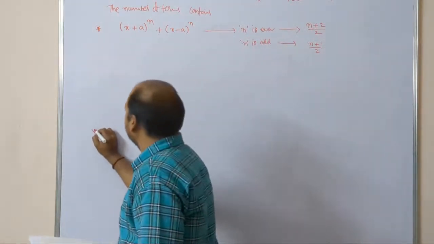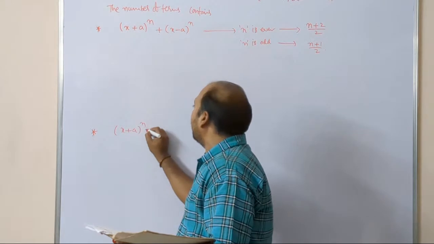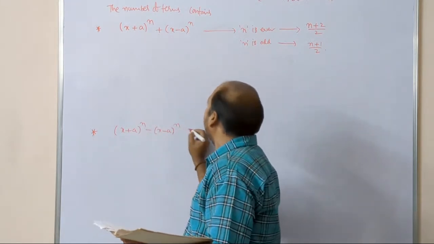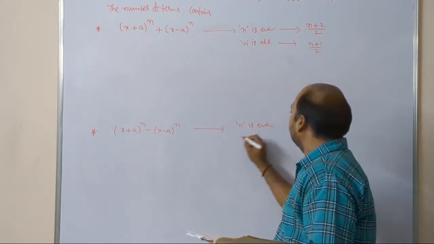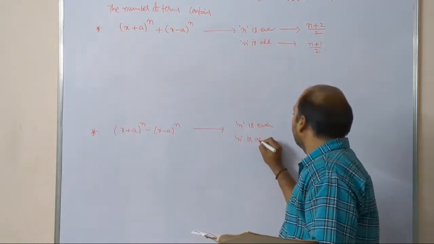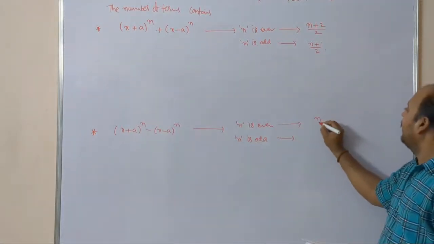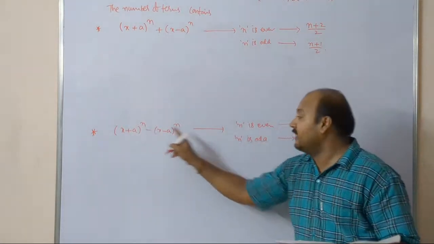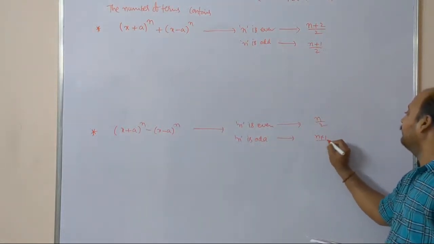Second one, x plus a whole power n minus x minus a whole power n. Here also n is even number, n is odd number. Whenever n is even, n by 2, here minus is there, even number n by 2. Odd number, n plus 1 by 2.